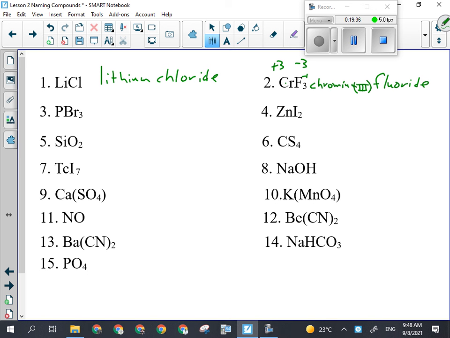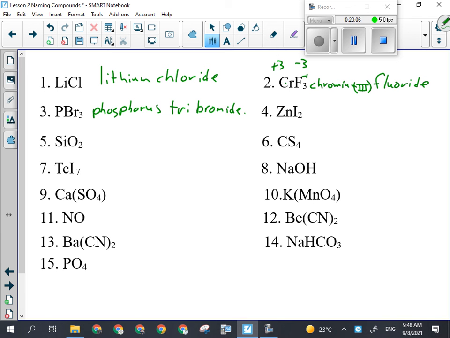Number 3, ionic or molecular? Molecular. These are both non-metals. So applying the molecular naming rules, this will be phosphorus tribromide. Number 4, ionic or molecular? Ionic. Zinc is a metal. Does it need a Roman numeral?